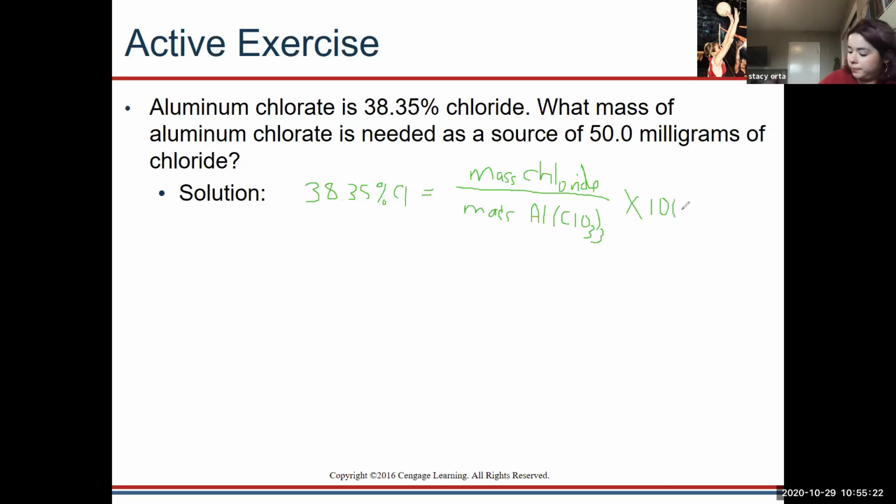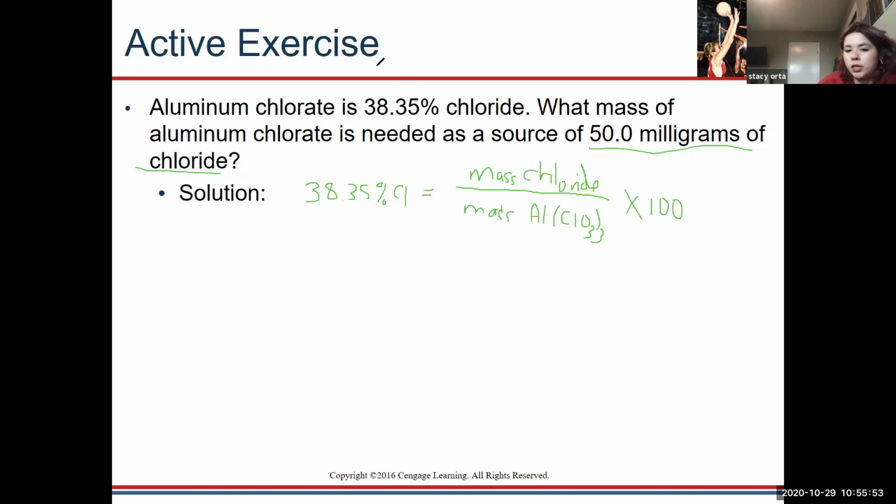Yes. Okay, so do I have a mass for aluminum chlorate? No, I don't. As a source of 50.0 milligrams of chloride. So I don't have aluminum chlorate, but do I have chloride? Yes. Okay, so I could put that into this equation and then solve for this.